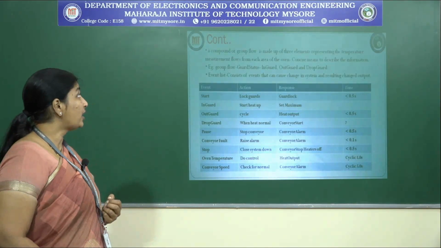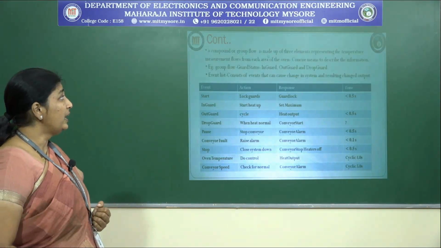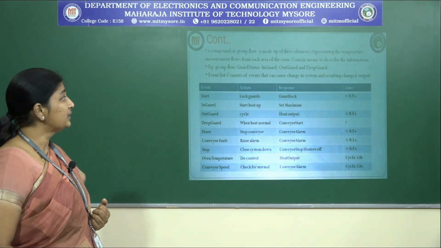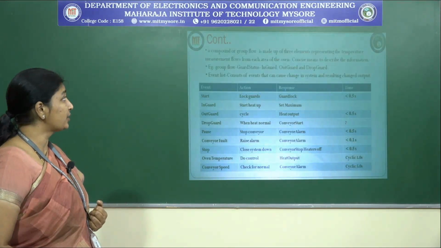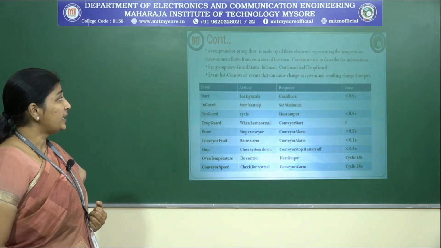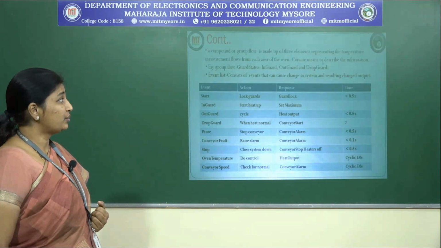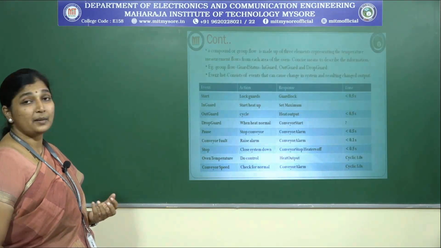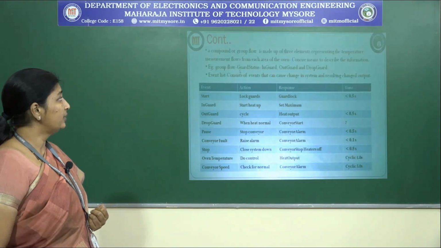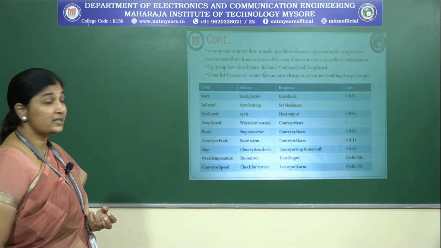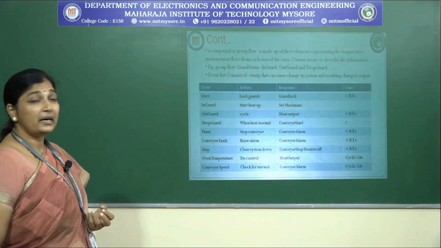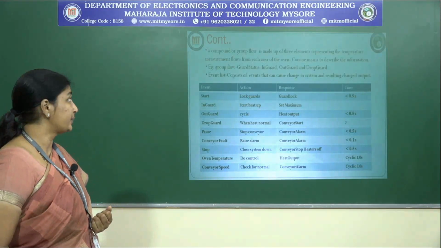That is called a compound or a group flow, and it is made of 3 elements representing the temperature measurement flows from each area to the oven. Then a concise means to describe the information. For example, if I take a group flow, it is nothing but the guard status, that is the in guard, out guard and the drop guard. That is the best example.